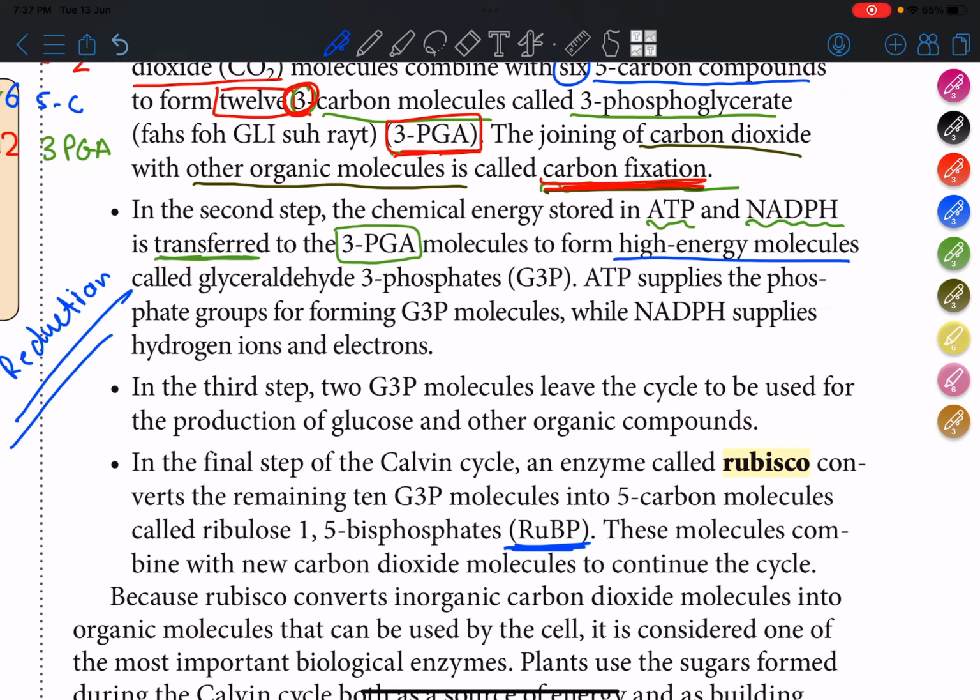What are these high energy molecules? They are called glycerate 3-phosphates, G3P. So the ATP and NADPH transfer their energy to the 3PGA so that they form a high energy molecule called G3P, glycerate 3-phosphate.